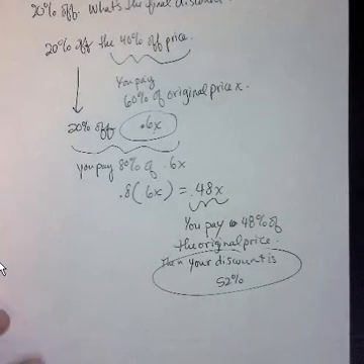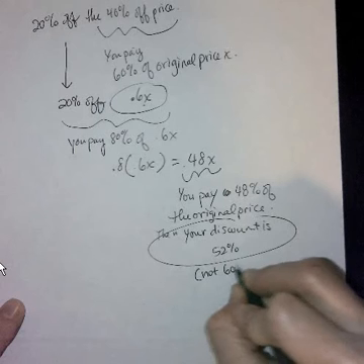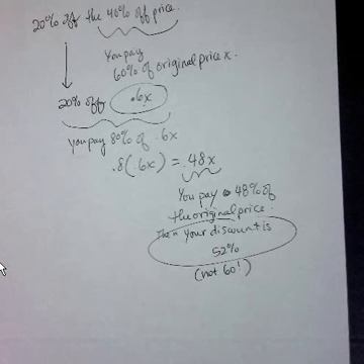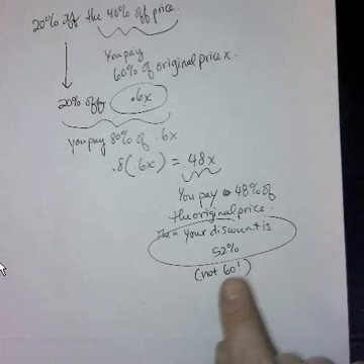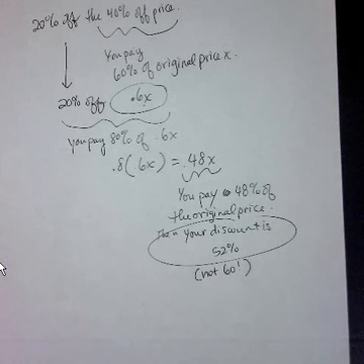So not 60%. Actually quite a bit less than 60%. So be careful when you're shopping, because stores will do this to kind of trick people. What I always do in a store as a quick way to figure out how much you're actually getting off is to think, okay, I got these two discounts.